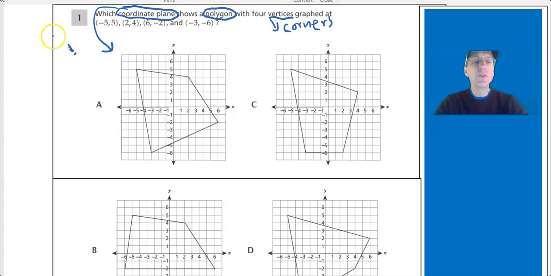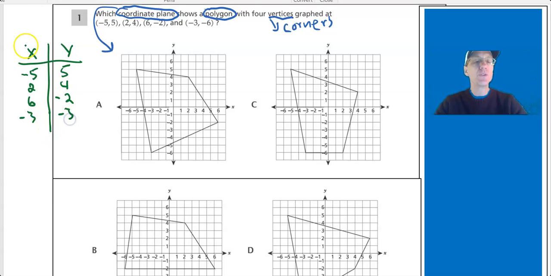If you know how to do your graphing, then this question is not going to be too challenging for you. You're looking for corners at -5, 5, and if you think back, you have an X and a Y. So this first one is the X coordinate, -5, and then Y is 5. The next set, 2, 4: I have a 2 for X, 4 for Y. I'll write them like this just to remind you.